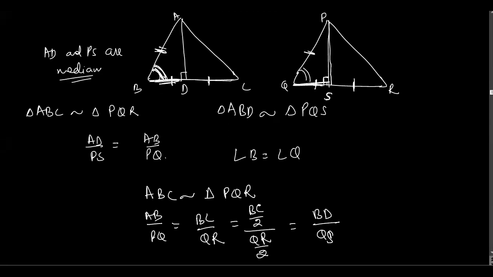Yes, sir. Okay. So if the triangles are similar, then not only the corresponding sides' ratio will be proportionate, but their medians and altitudes will also be proportionate.